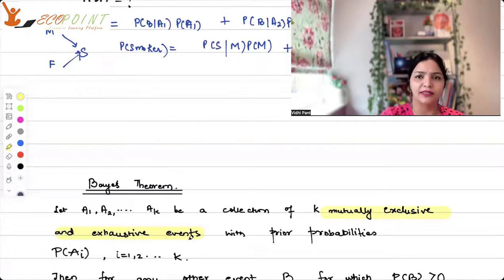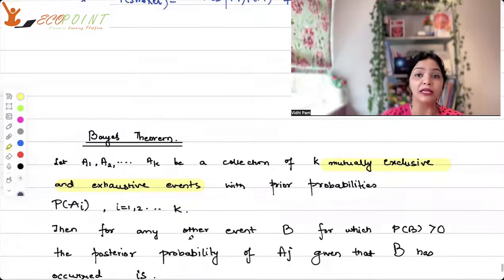Now suppose some other event B occurs. Then for any other event B for which probability B is strictly greater than 0, it should not be equal to 0, the posterior probability, meaning the probability I calculate afterwards, the posterior probability of AJ given this additional information that event B has occurred.